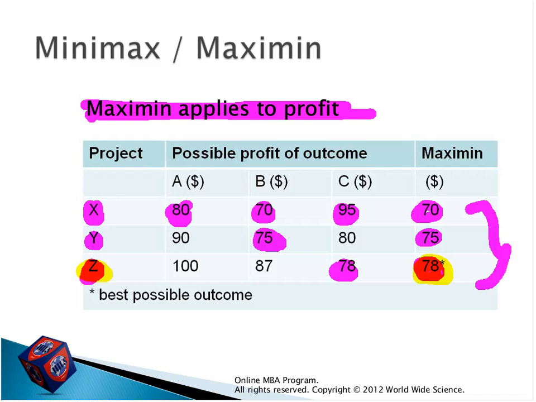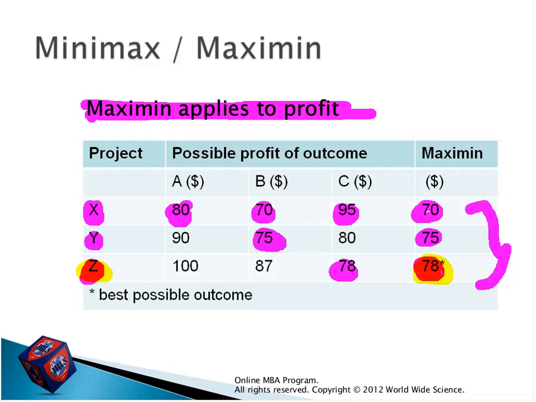So the Maximin criteria applies to profit, to projects where we can make an evaluation analysis based on profits. Minimax is the analysis based on cost, but Maximin is the analysis based on profit. So you can use these two kinds of criteria to choose the best outcomes from the projects.